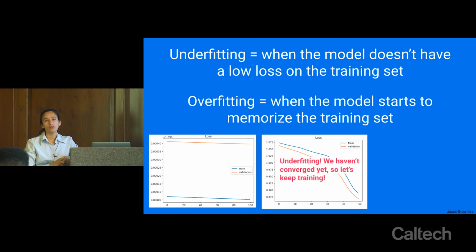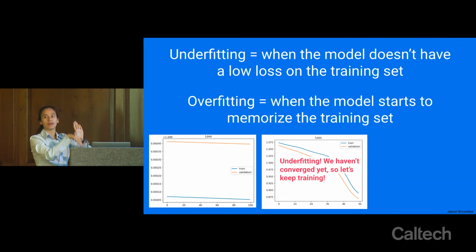Really, the thing that people look for is when your validation loss starts going up and your train loss keeps going down. That tells you that I'm starting to memorize, because my performance on the holdout set is getting worse. I'm memorizing the noise, all the little errors.